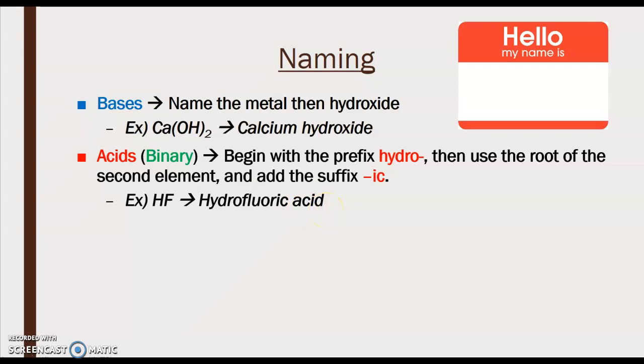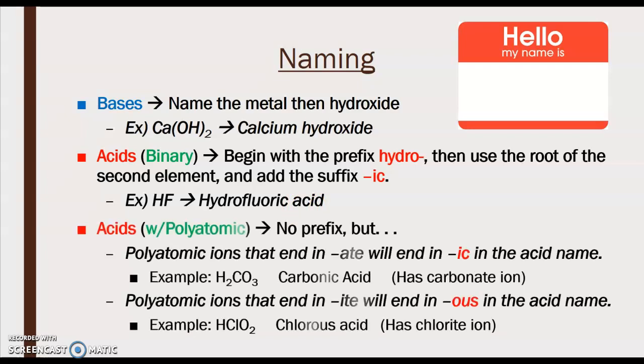All right, what if it's not binary? In that case, it's going to have a polyatomic ion in it. The key thing to note here is you are not going to use a prefix, so no hydro. Then you have to focus on what polyatomic ion you have. In this first example, CO3 is carbonate.